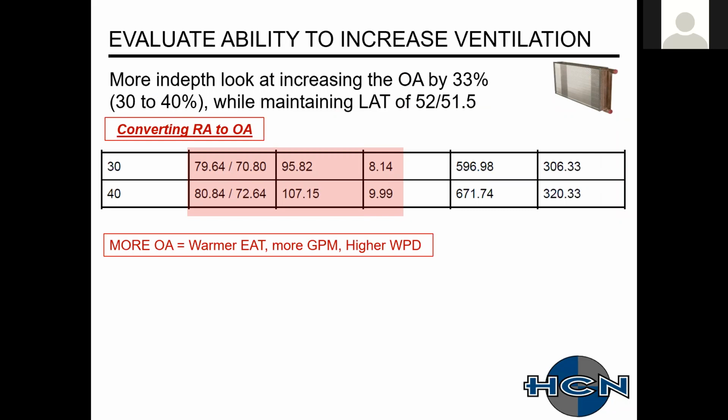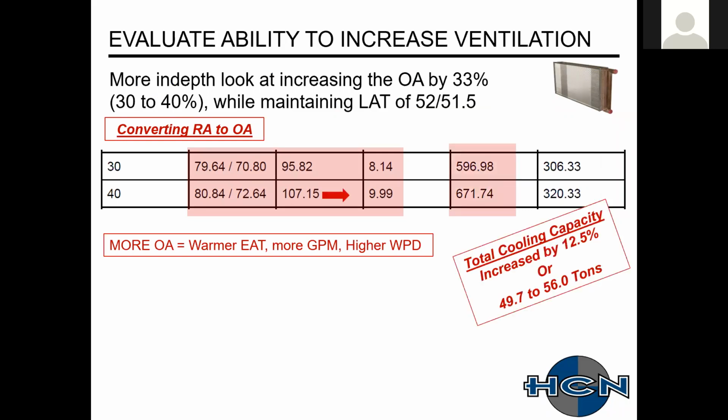There's an increase in necessity of your GPM, and then that higher GPM has a higher water pressure drop. So increasing the outside air and allowing the GPM or chilled water to increase, in this example they were able to increase their capacity by approximately 12%. If you do the math, they went from about 49 tons up to 56 tons.